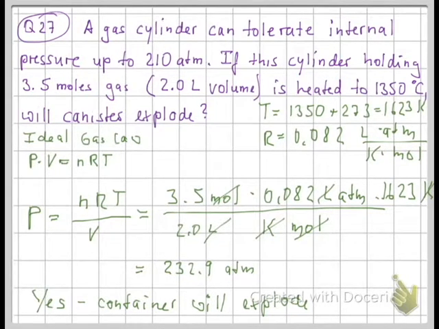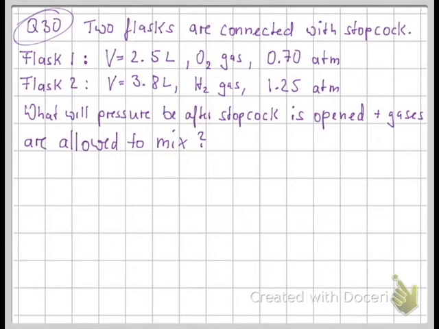Alright. Question 30. This is the most horrible question of the whole worksheet, I think. It's a nasty one, so that is one of the reasons I am covering it, and I don't expect you to figure this out on your own, but I wanted to show you.